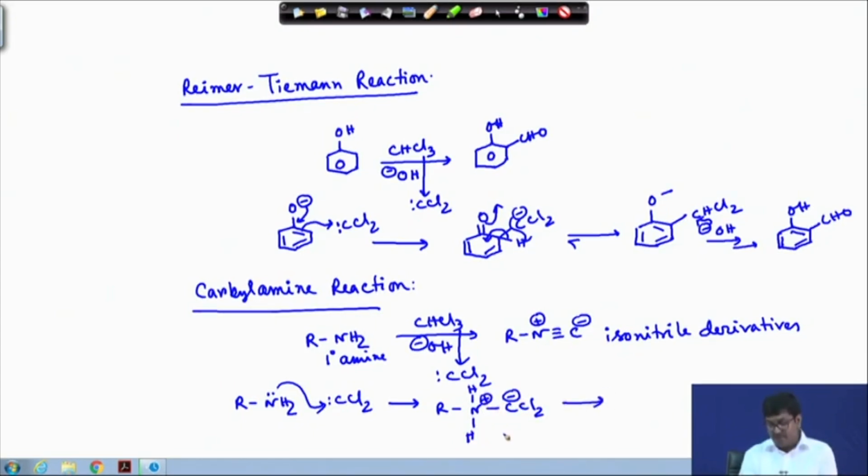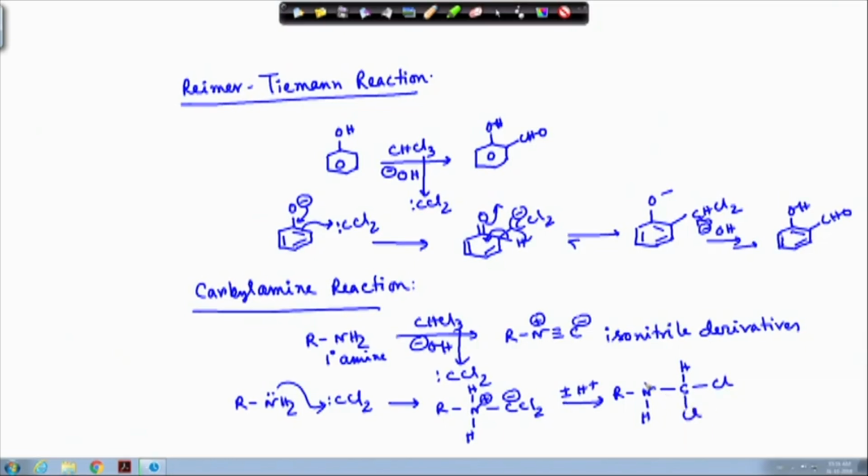Then you can make plus minus H plus, that means this H plus can go over here, and overall what you will get, okay. Now, nitrogen has this lone pair, so it can go out, then overall what you will get, once it will go out.